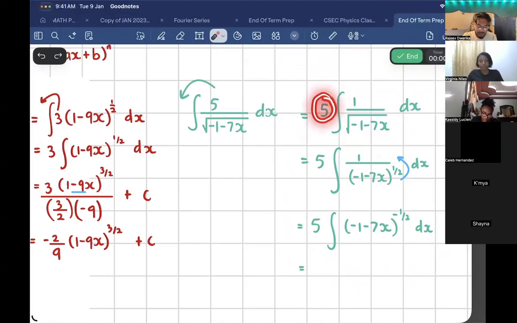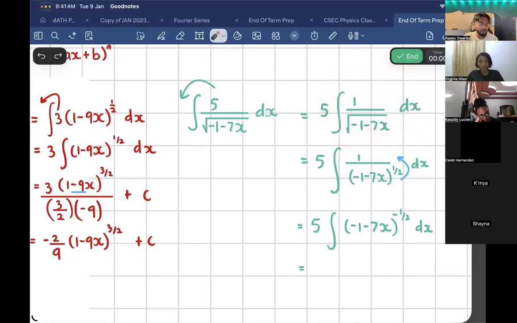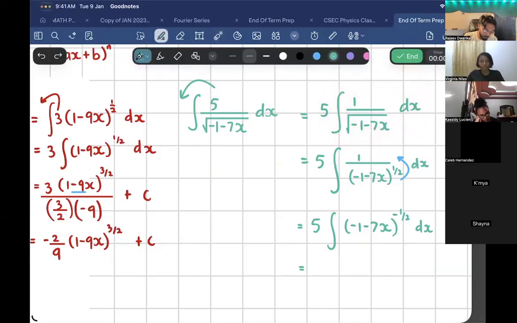So this 5 is just here chilling, and when we finish integrating, I'll just multiply the integral by what? 5. Right. So I'm going to put back the 5 here, because it's just a scalar multiple of the function. So we're going to integrate the function, and after, don't forget, we have to multiply it by 5, because that was the scalar multiple.